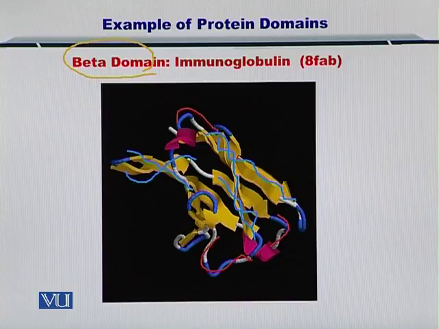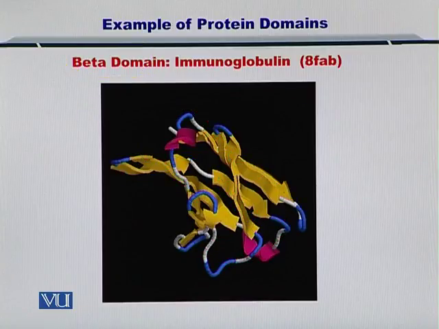So if you have such a protein, you can then classify it to have a beta domain in it. In the first example, we looked at an alpha domain protein, and it had lots of alpha helices, or actually purely alpha helices. And in this case, this is a beta domain, so it contains purely beta sheets.